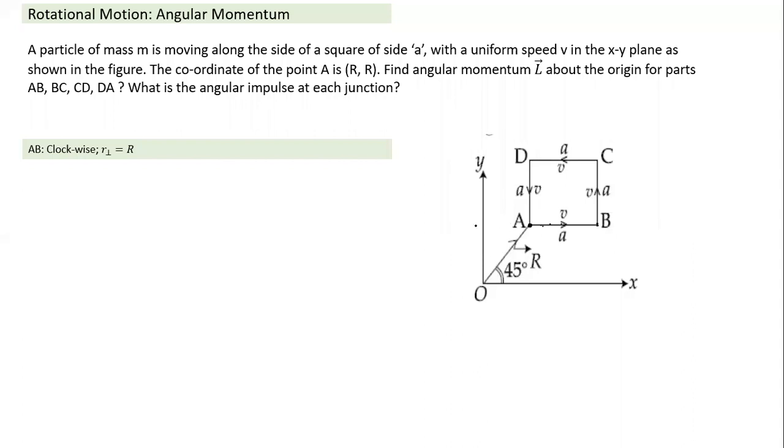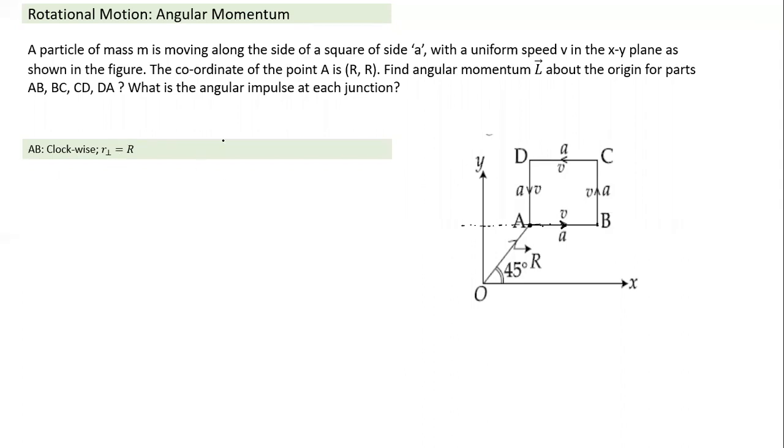When it is moving along AB, this is the line of motion. What is the perpendicular distance of this line from the point O about which the angular momentum has to be calculated? The perpendicular distance is R here. And in which sense is it moving? It is moving clockwise, and the perpendicular distance is R.